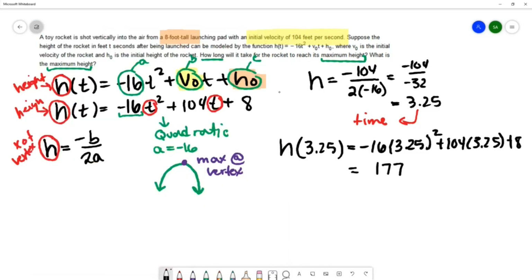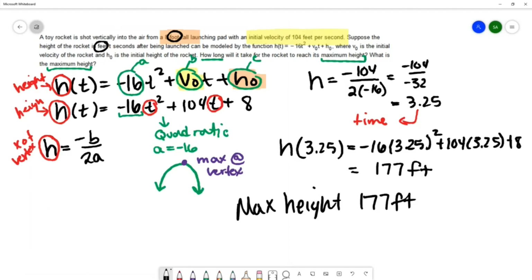So that is our maximum height, and our units are feet. It also says here, feet. So our toy rocket will reach a maximum height of 177 feet, 3.25 seconds after launch.